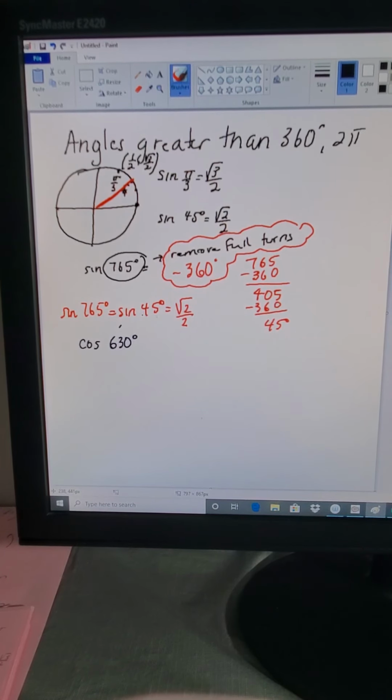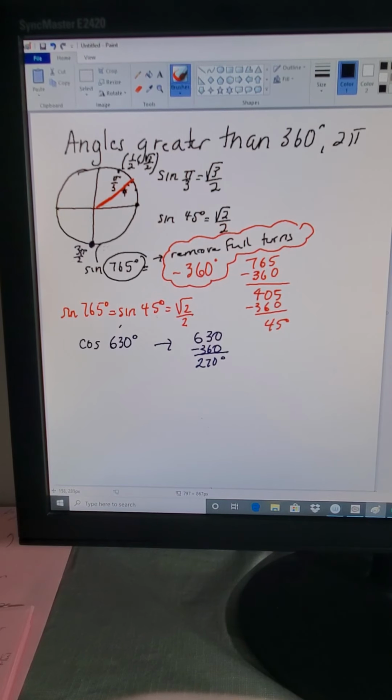Too big. 630 minus 360 is 270. There we go. It's less than 360, so it's on the unit circle. 270 is here, right? 90, 180, 270. 270 is the same as 3 pi over 2.